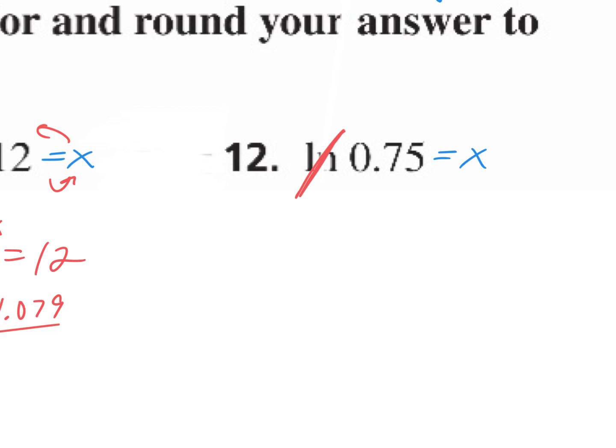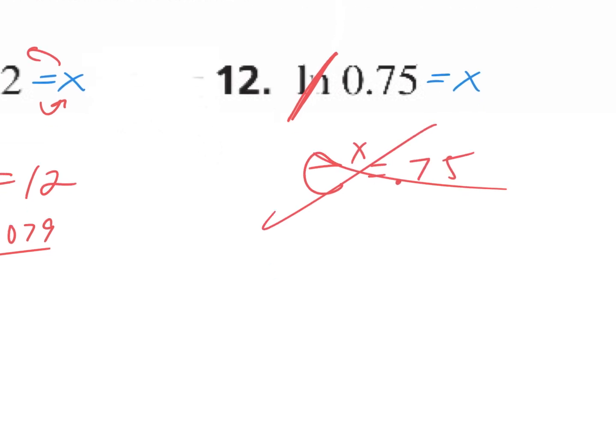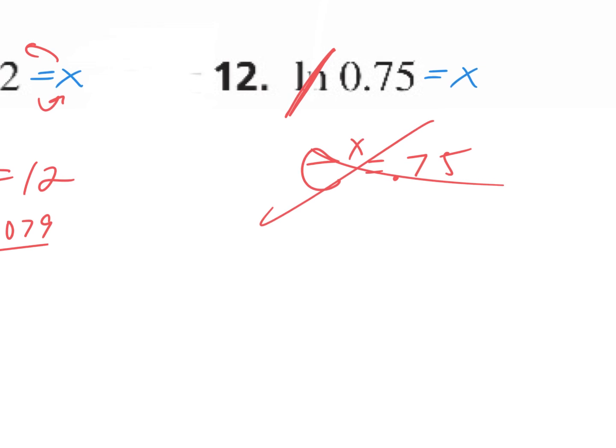What's on the ln button? Is there a letter? It's e. Yep, so e to the x equals 0.75. We'll talk about that more later. You guys can't do that in your head. Hit ln 0.75. Tell me what you get. Negative 0.287.